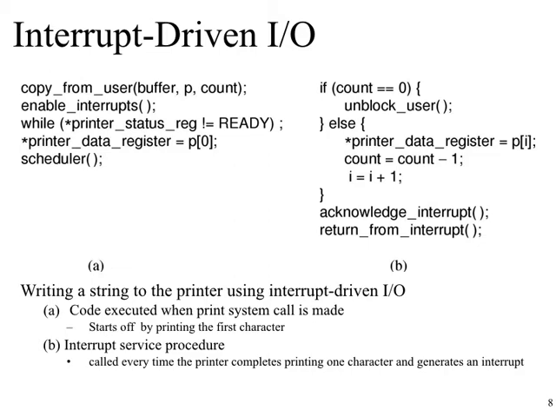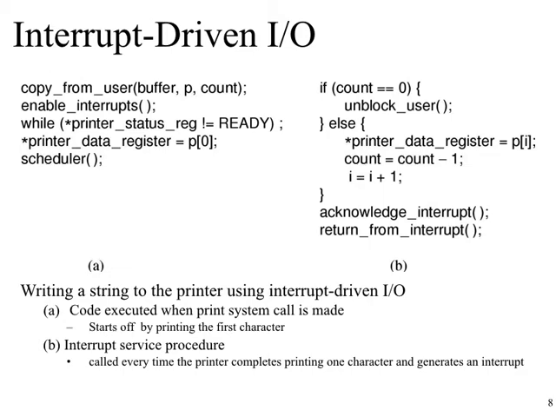If not, then the interrupt handler would issue the next byte to the printer. So once all the bytes have been printed, then there's nothing more to print, and at that point the interrupt handler would simply return back to the scheduler.